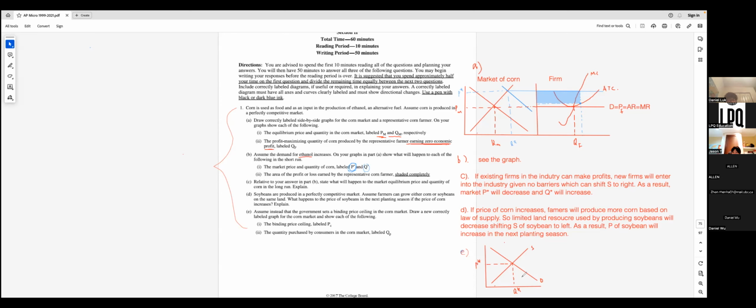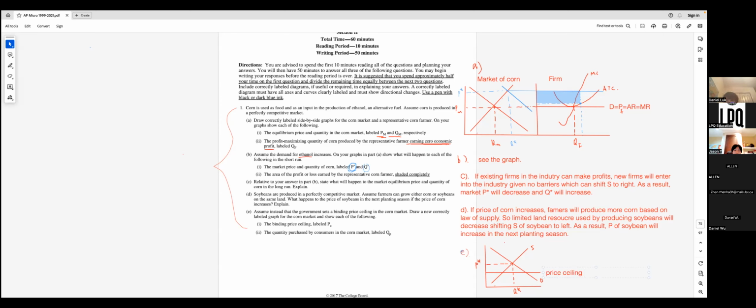Due to whatever reason, you want to lower the price a little bit, am I right? So your price ceiling must be lower than the initial P star. Then you label it as the price ceiling.